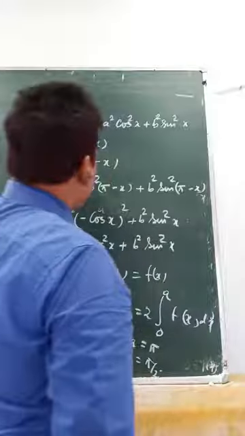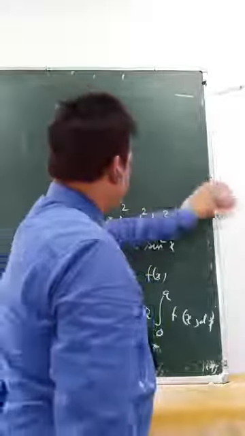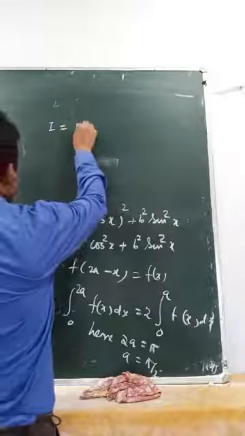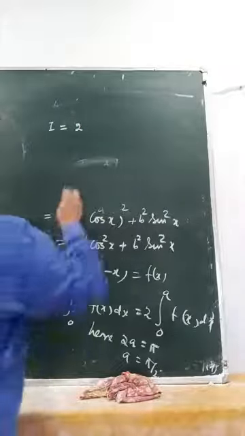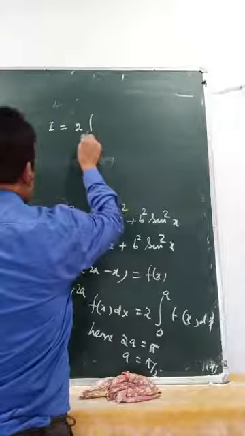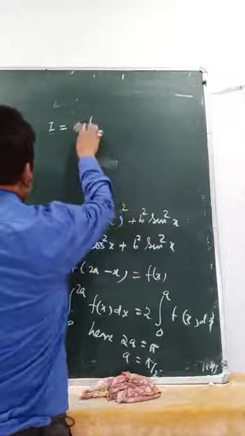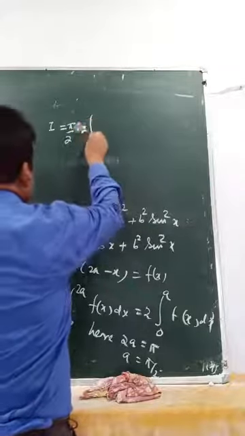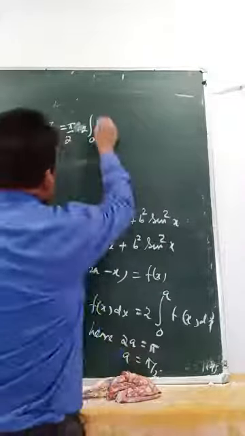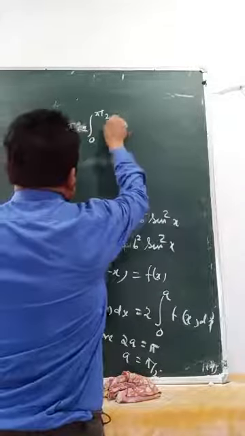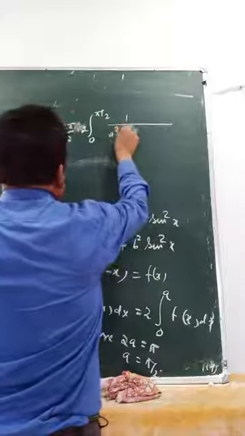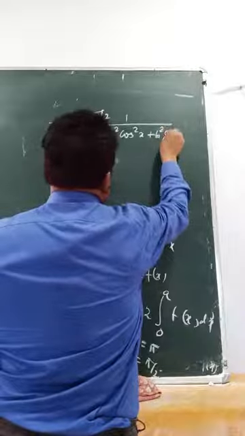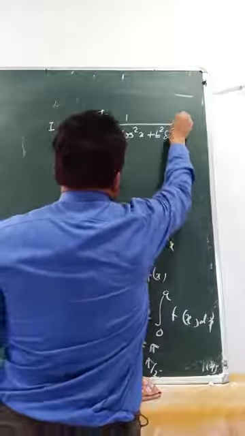So your I became now 2 times, earlier it was pi by 2, and 2 times 0 to a means 0 to pi by 2, 1 by a square cos square x plus b square sin square x.